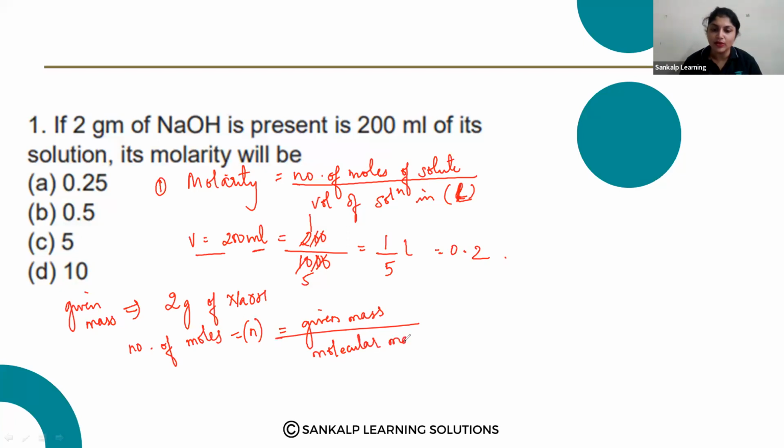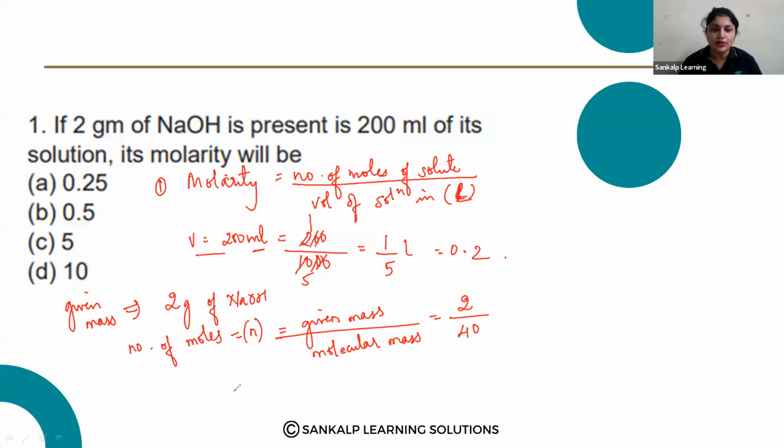The given mass is 2. What is the molecular weight of NaOH? It is 40.